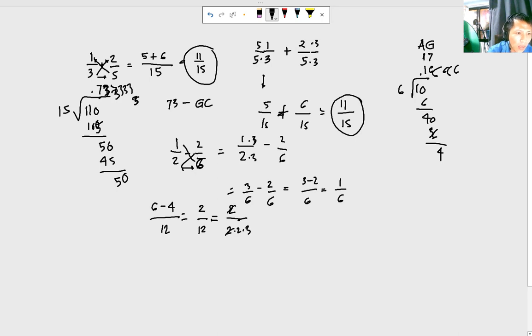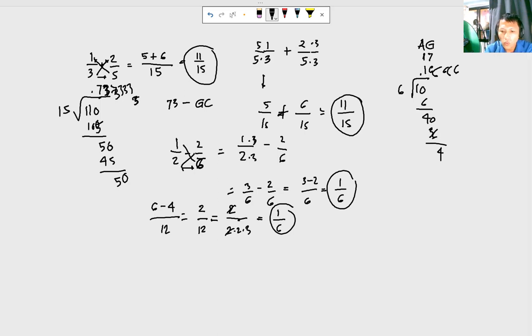So you can cancel, and what remains is 1 all over 2 times 3, which is 1 all over 6. Okay? So we really use prime numbers. So from the 1 all over 6, you can derive the 0.17.